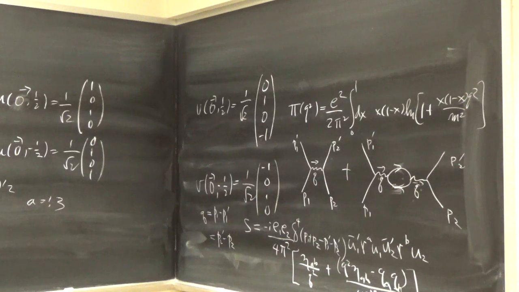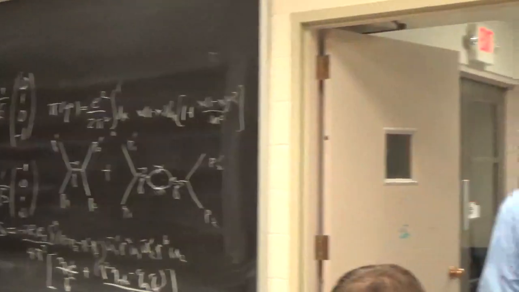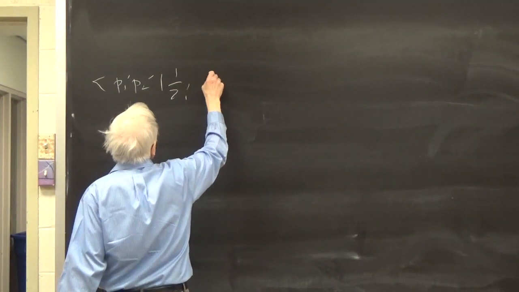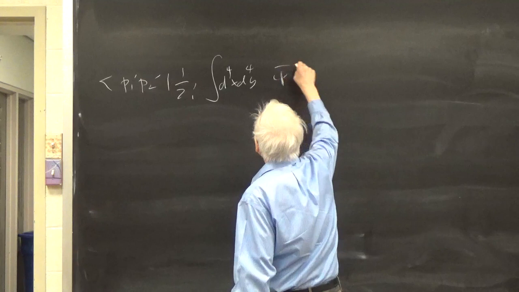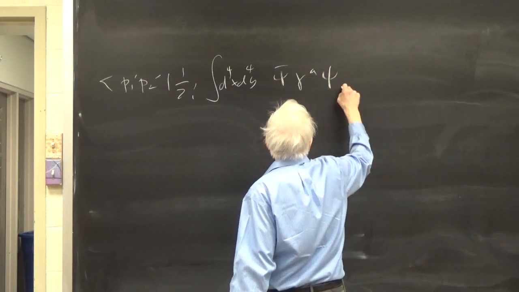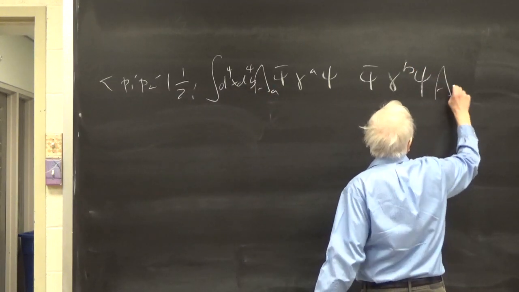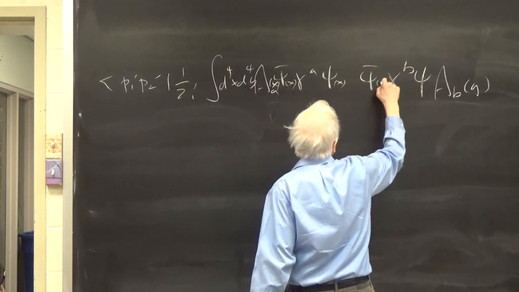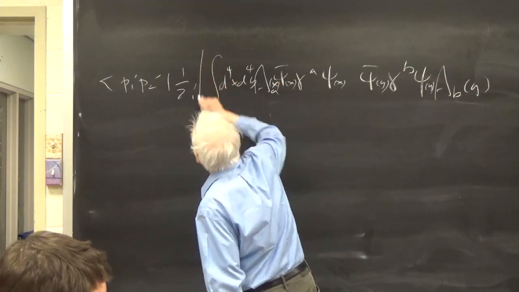So in other words, if we just look at this first diagram, this diagram to lowest order, it's something like p1 prime, p2 prime, 1 over 2 factorial, integral d4x d4y, psi bar gamma A psi, psi bar gamma B psi, A sub A, A sub B, this is at y, this is at x, and these are at x, x, y, y, and well, the time ordering, I'll put the time ordering here.